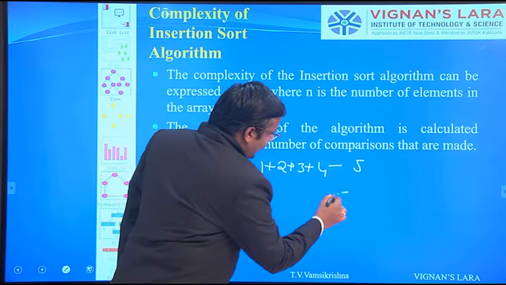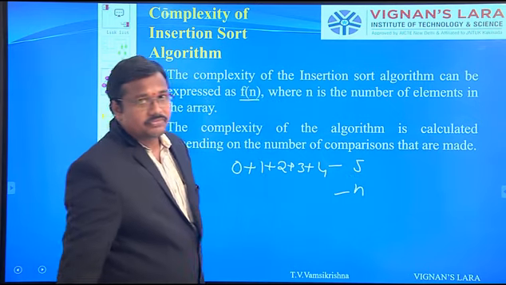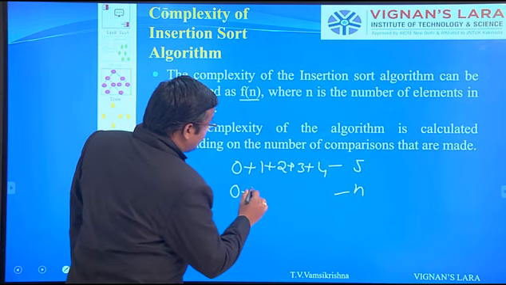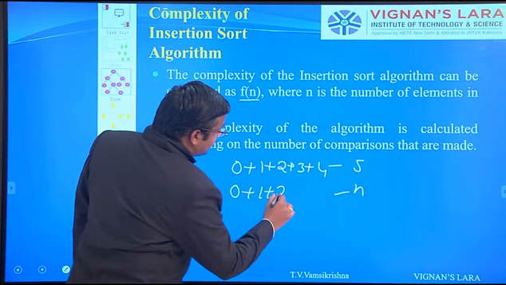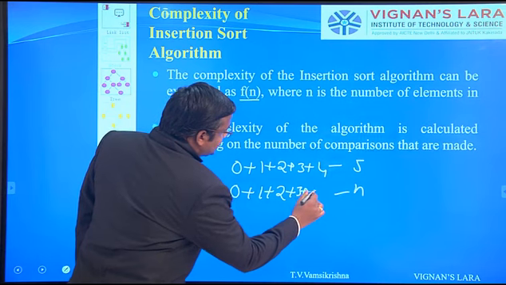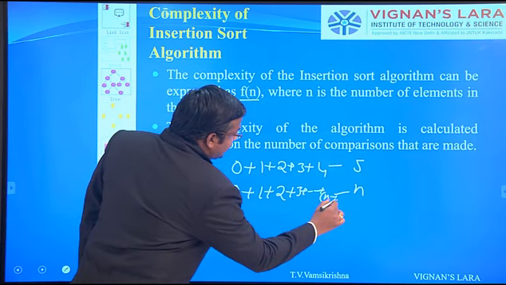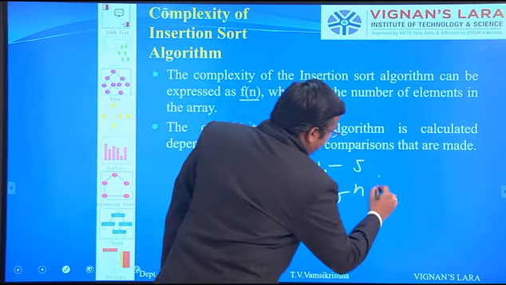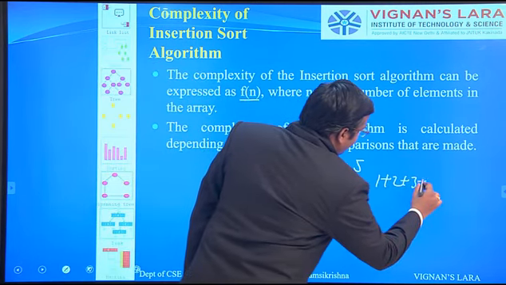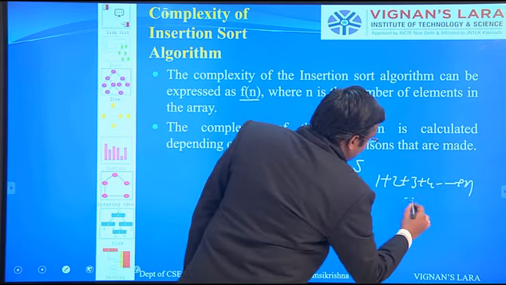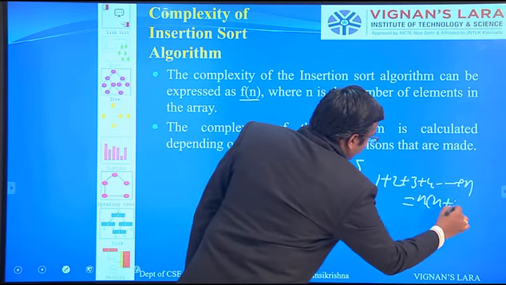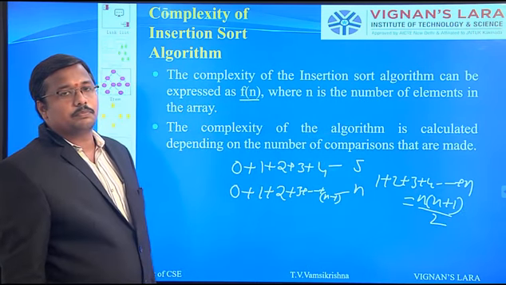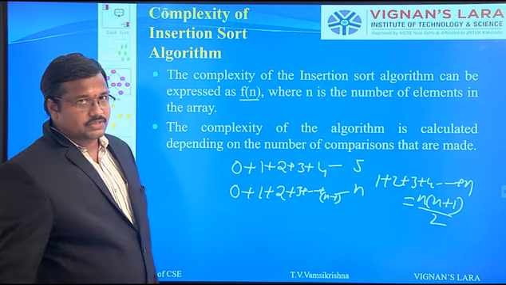Suppose the array size is n. How many comparisons are required? The maximum comparisons required is 1 plus 2 plus 3 and so on plus n minus 1. Generally we know that the sum 1 plus 2 plus 3 plus 4 and so on up to n is n into n plus 1 by 2.